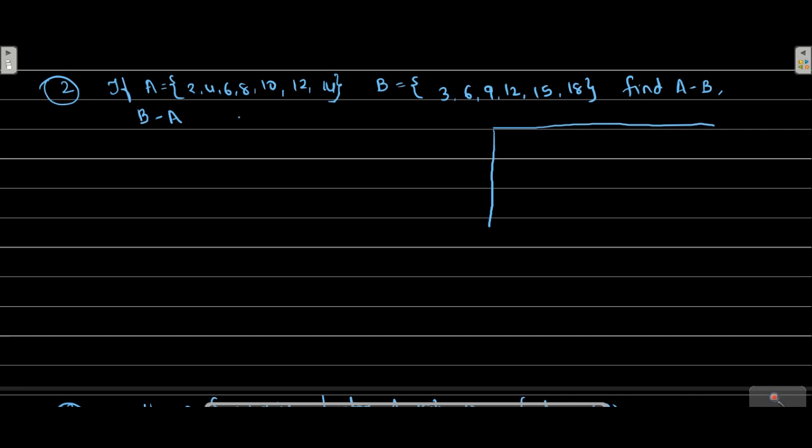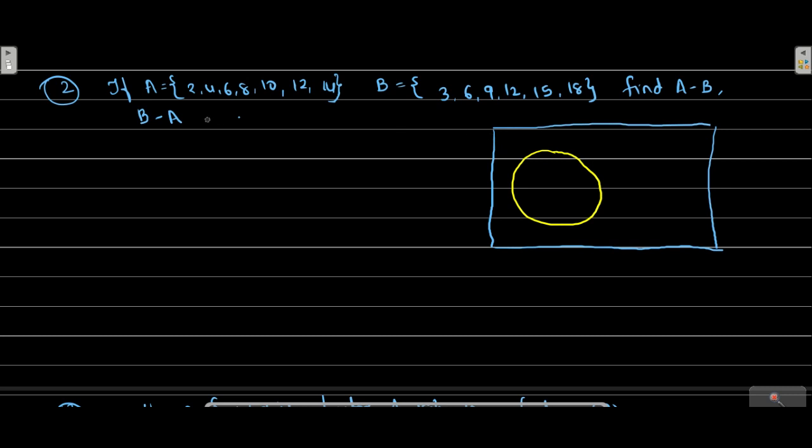So how do you draw the Venn diagram? The rectangle represents the universal set. And how many sets do we have? A and B. These are the two sets we have. So each set is represented by a circle.